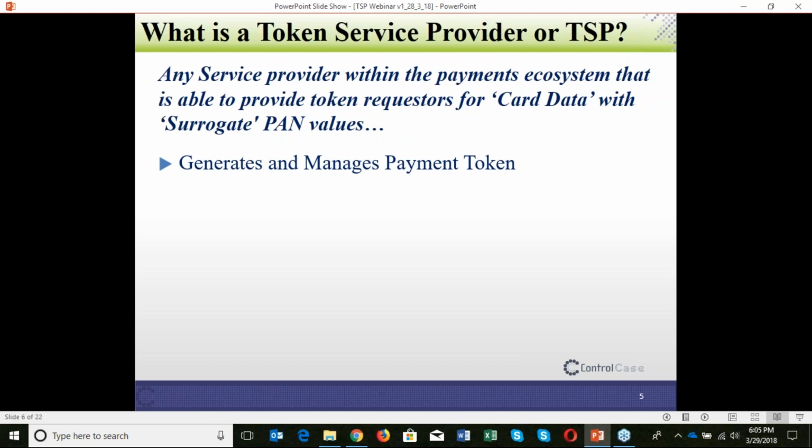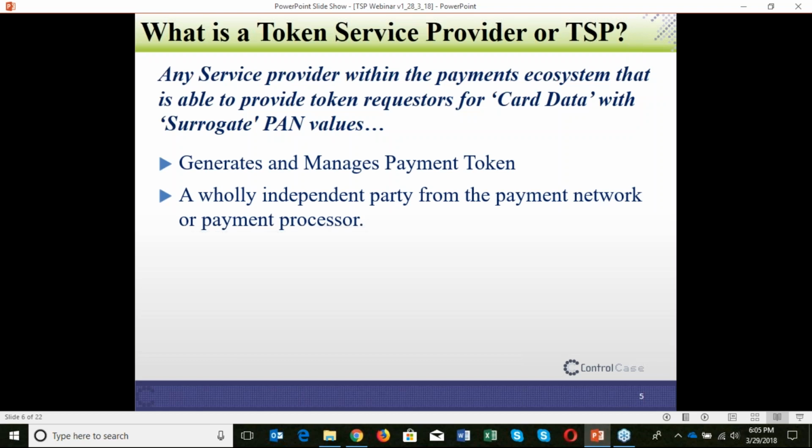They internally generate the tokens on behalf of customers or for their own purposes, but they mainly use payment tokens. They can be independent payment parties like a service provider, and they can generate their own payment tokens. However, as we said, they have to be registered with EMVCo, as we will speak more about.